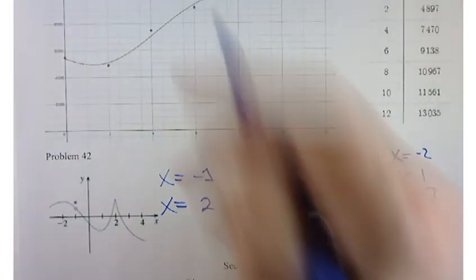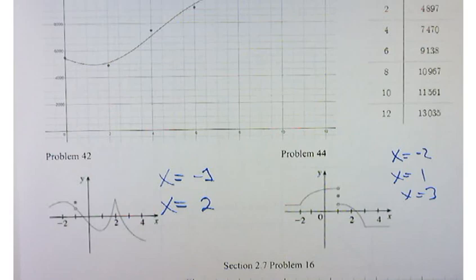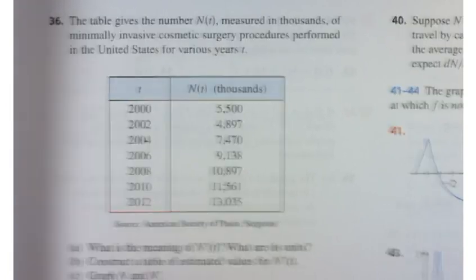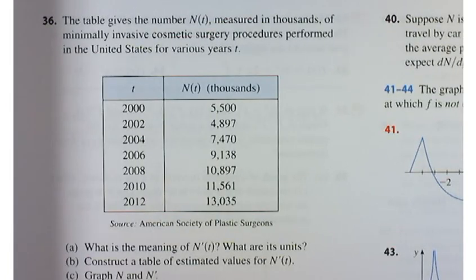We'll finish it up with problem number 36 here. Let me show you the description of that in the text. So the table gives the number N of T measured in thousands of minimally invasive cosmetic surgery procedures performed in the United States.